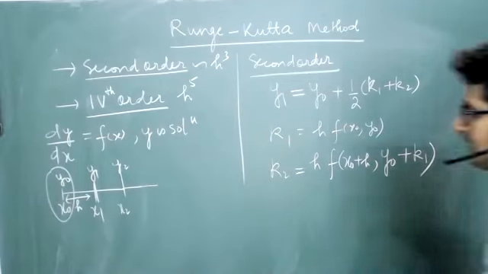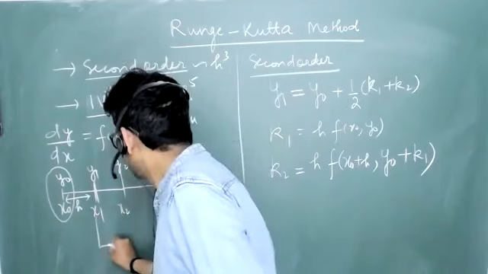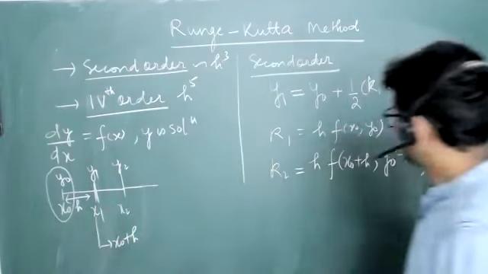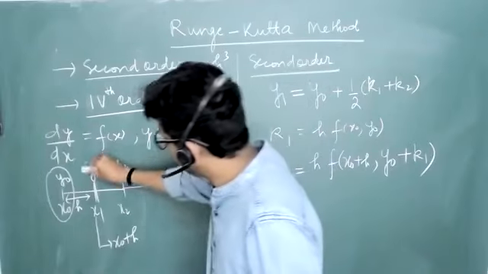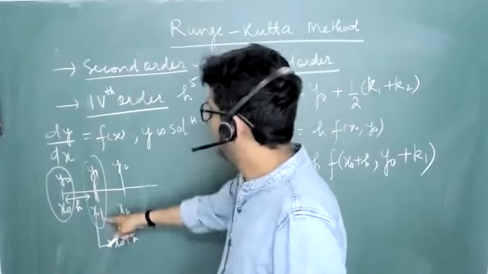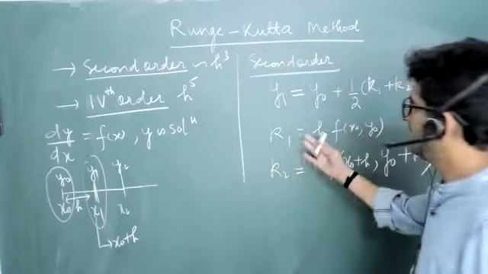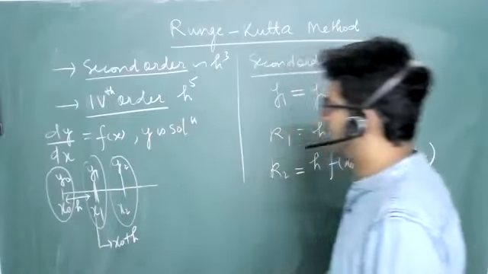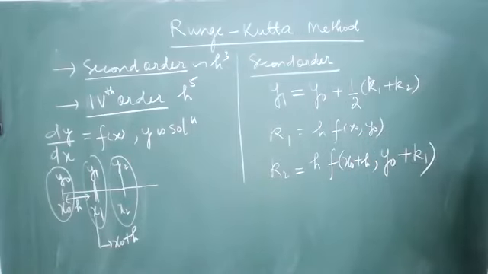So please understand, this x1 is nothing but x0 plus h. Once this value is calculated, the value of y1 at x1, the same iteration can be applied and we will get y2 at x2, and so forth. In this way we keep calculating. Okay?